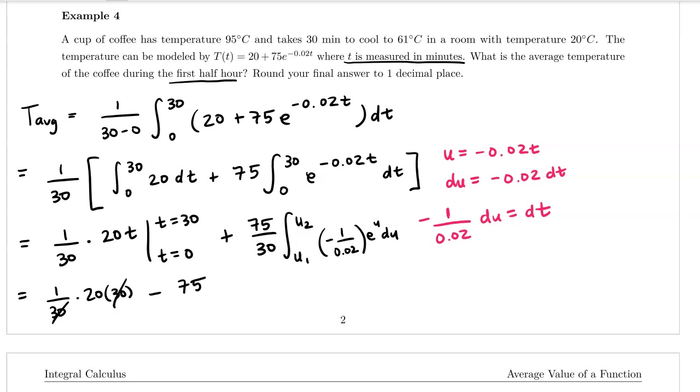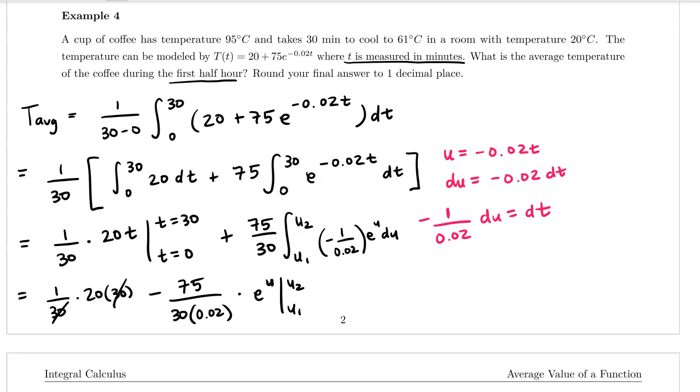So I have minus 75 over 30 times 0.02. And then the antiderivative of e to the u is just going to be e to the u. And I'm evaluating this from u1 to u2.